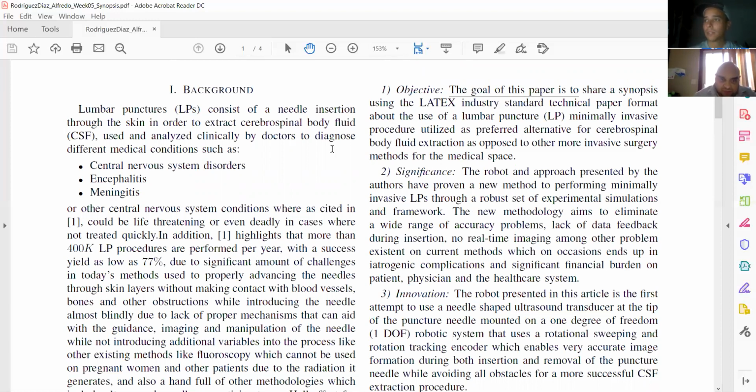And I believe that the whole medical world is moving to doing more with less, or minimally invasive surgical procedures.